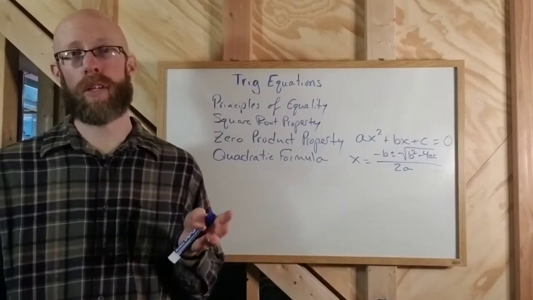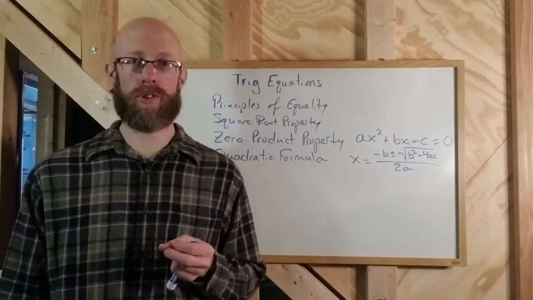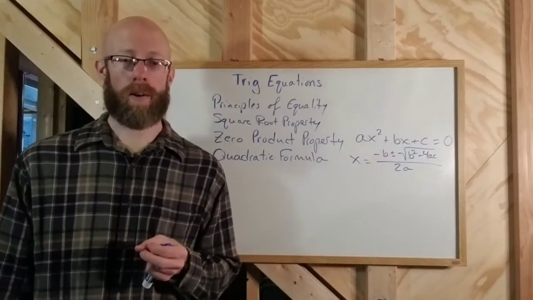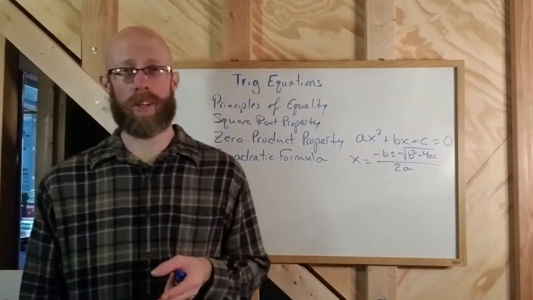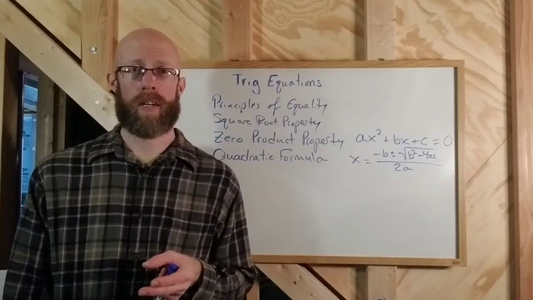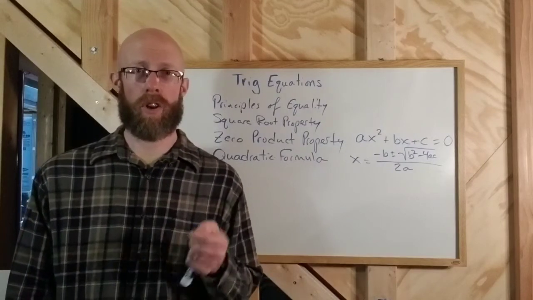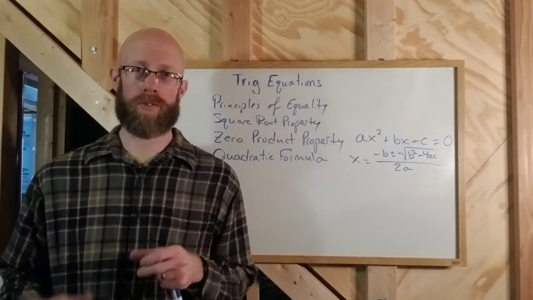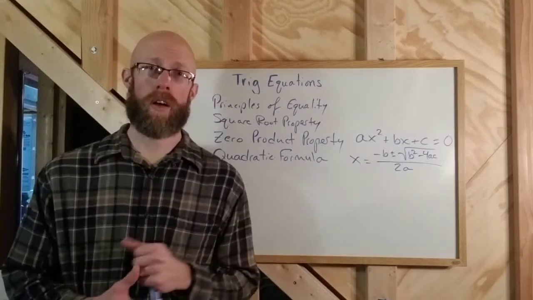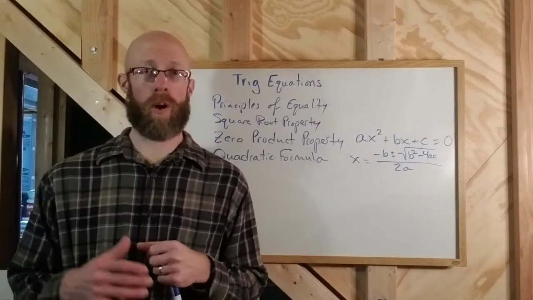And then the other really important thing is you got to know your inverse trig functions. If you do need to go to a calculator to get some values out, you've got to know what quadrants the calculator is going to be giving you angles for, because it may not be the quadrants you're looking for.